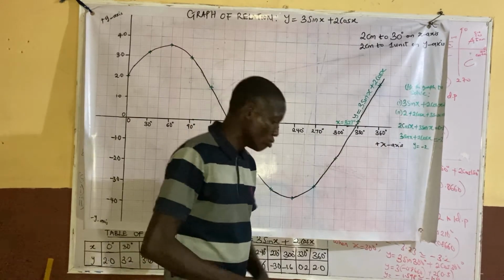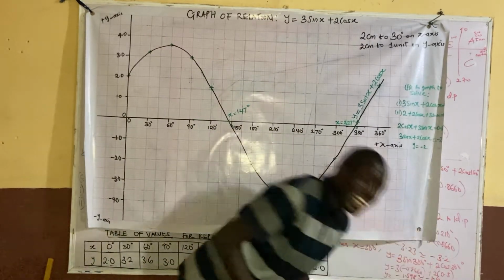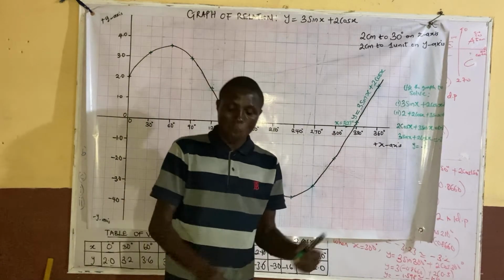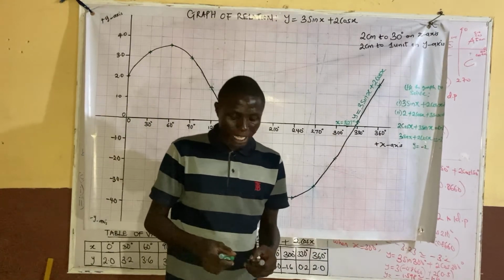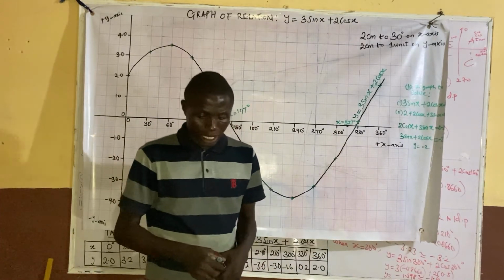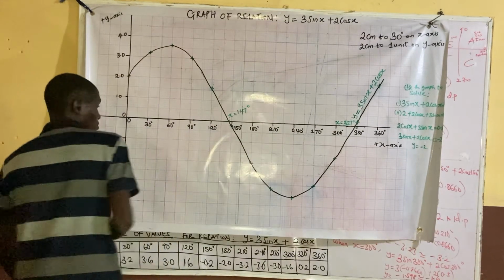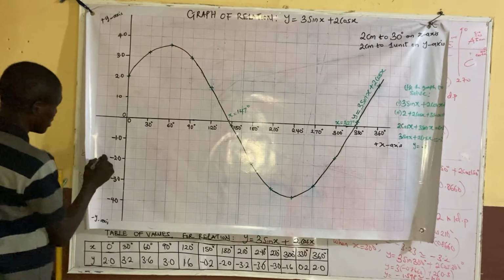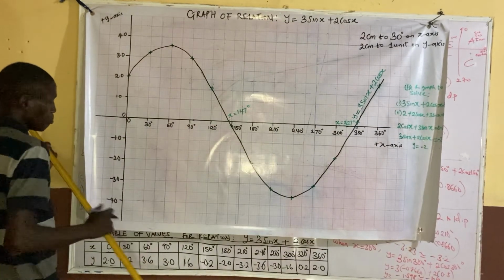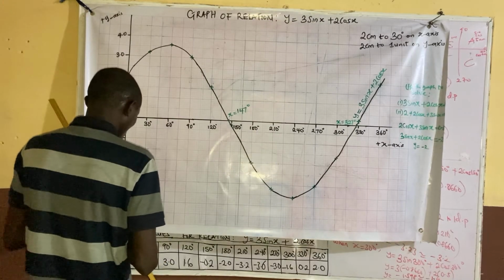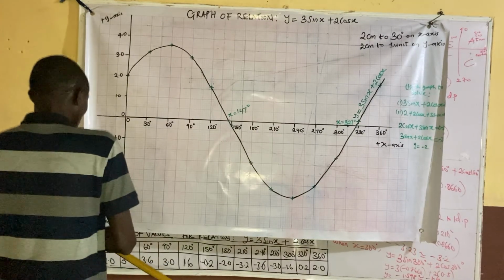So that's what I'm going to do now. Let's do it together. Now, what is my minus 2? This is my minus 2. So I'm going to put a ruler and draw the horizontal line.